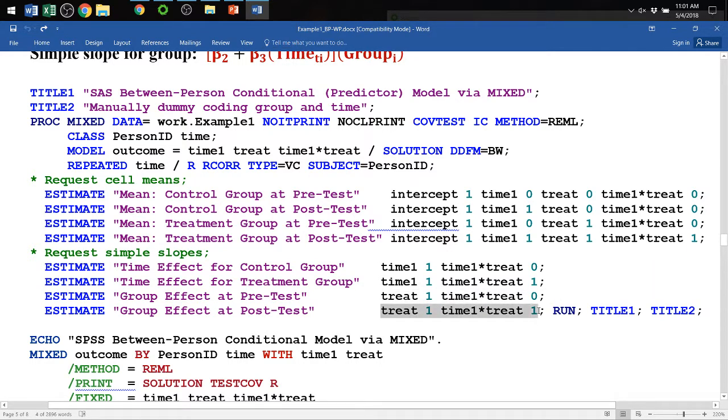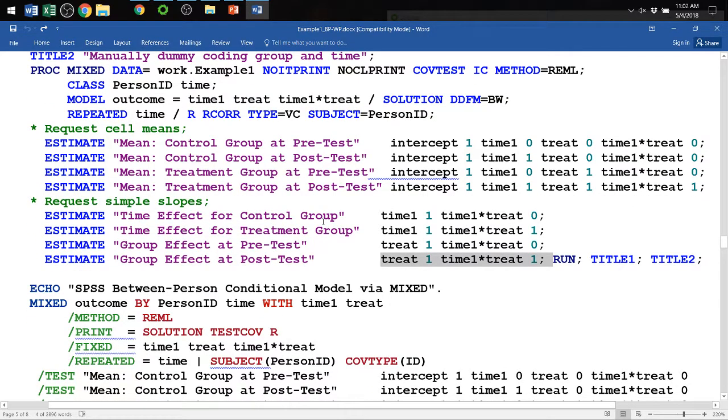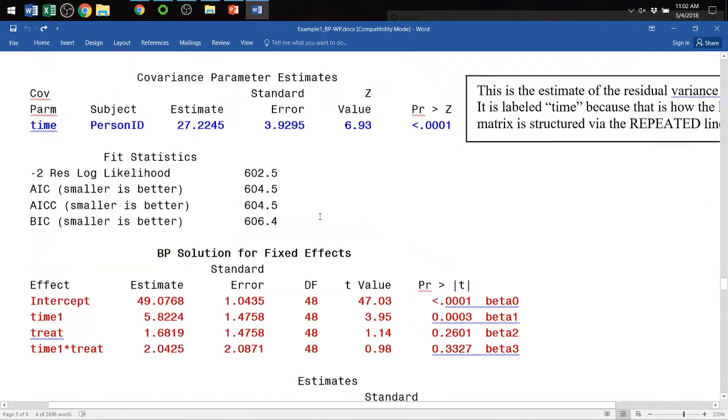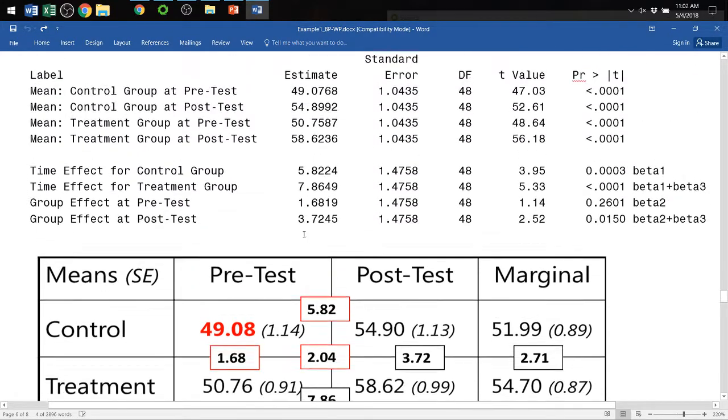This is the main effect of treatment at time 1. So we're asking SAS to do linear combinations of fixed effects to get simple main effects in this case, but it's also useful to get differences in effects. And so there's lots and lots of uses for this. So that's where I got the rest of this output here that helped to build this table.